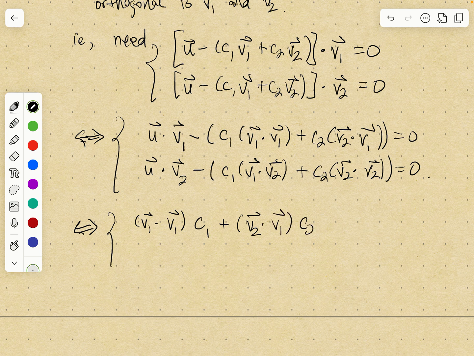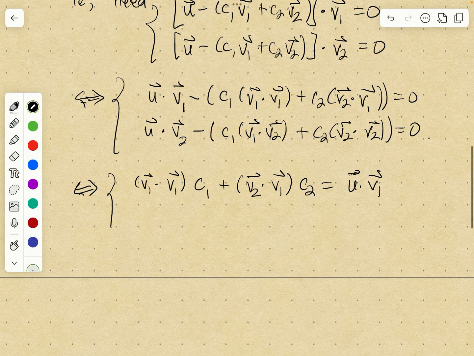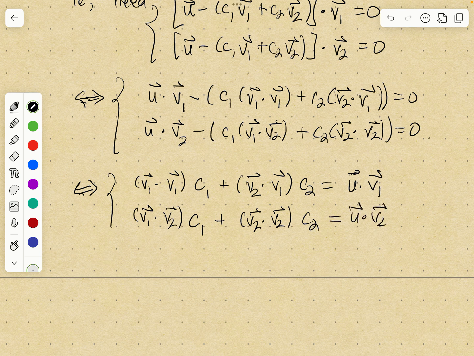And the second equation is V1 dot V2 C1 plus V2 dot V2 C2 equals U dot V2.